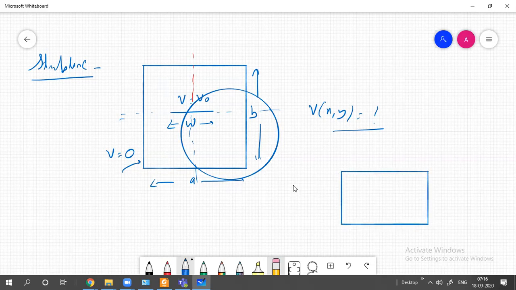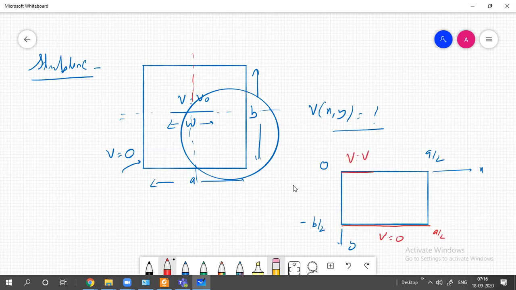We have kept our axes here, x and y, with minus b by 2 and a by 2. The conductor was here and here, where the voltage was 0 and V naught.